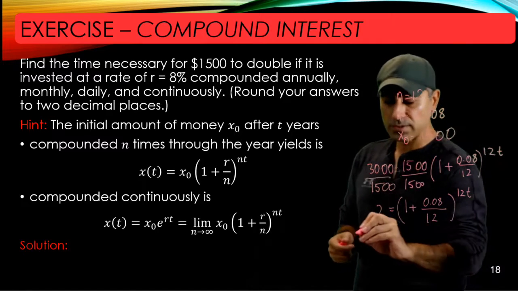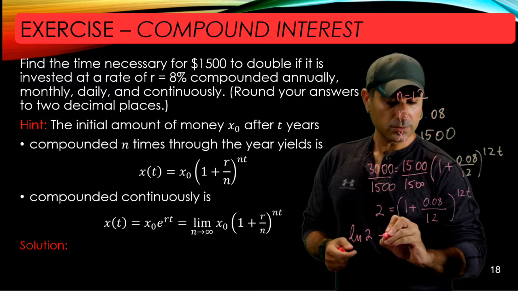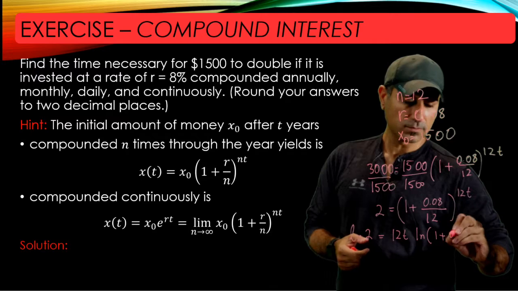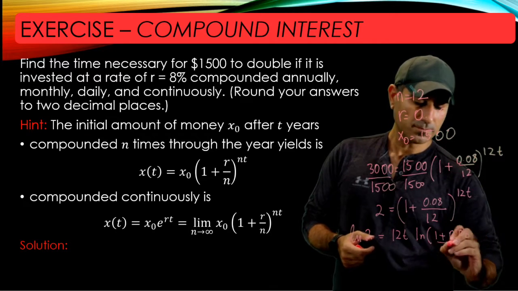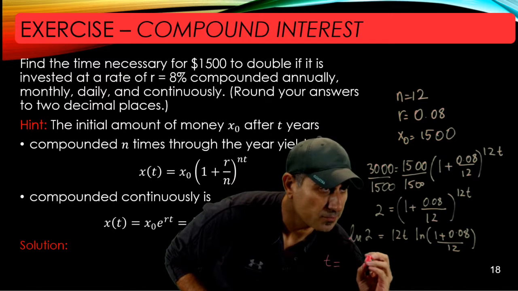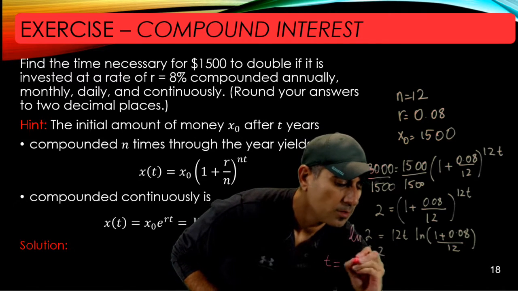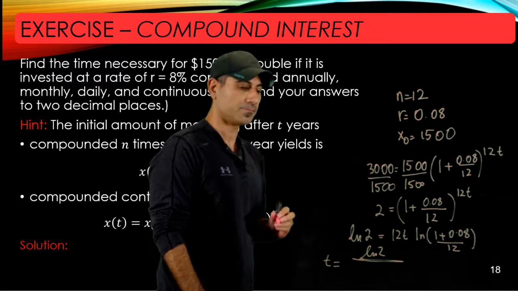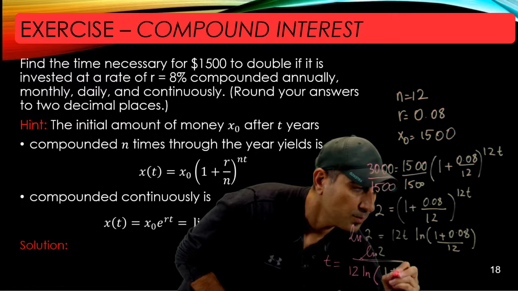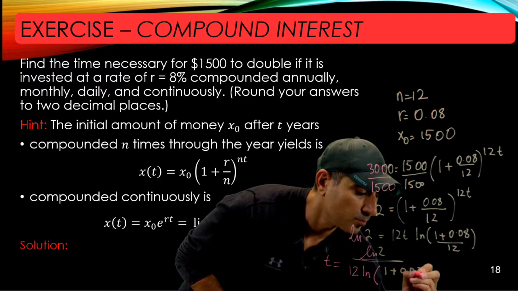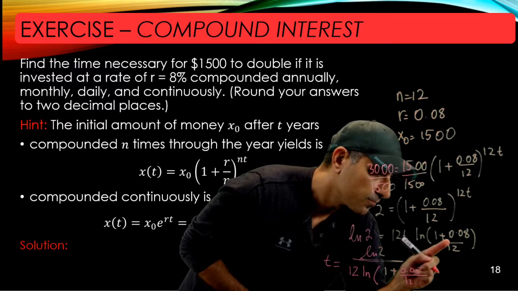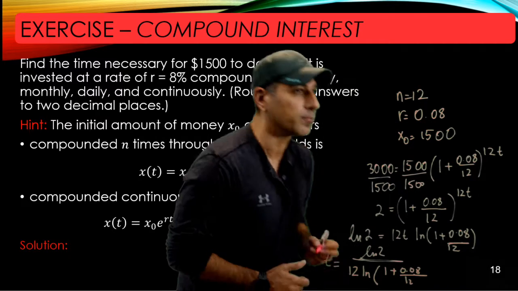I'm going to take the ln of both sides. ln2 equals 12t times ln of this whole chunk. And t comes out of this division here: ln2 divided by 12 ln of 1 plus 0.08 divided by 12. There's no fraction here, this is just 0.08 divided by 12, by the way.